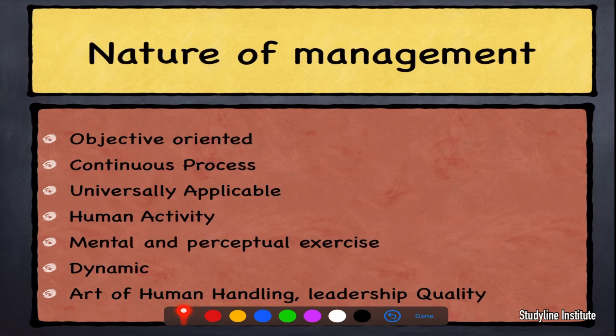But for the humans, जो हमारे एम्प्लॉई हैं, वर्कर्स हैं, उनके लिए हमें हैंडलिंग के लिए एक स्किल चाहिए, जो स्किल is needed for management. The person who is going to manage, that person needs to have an art of human handling. So these are the nature of management.